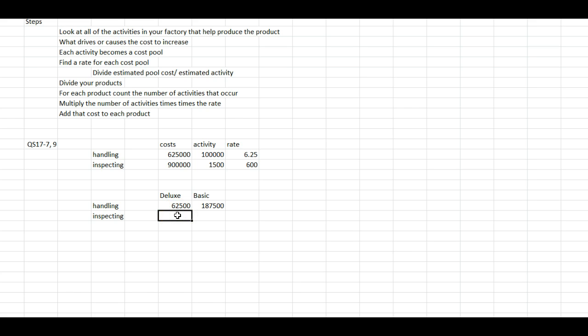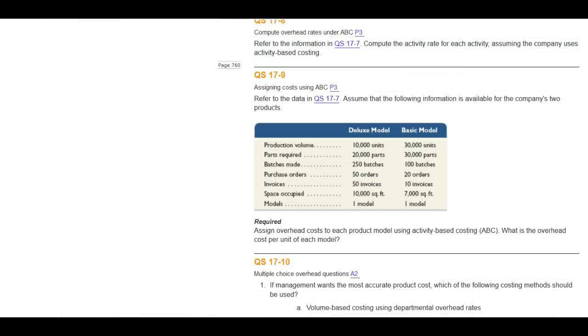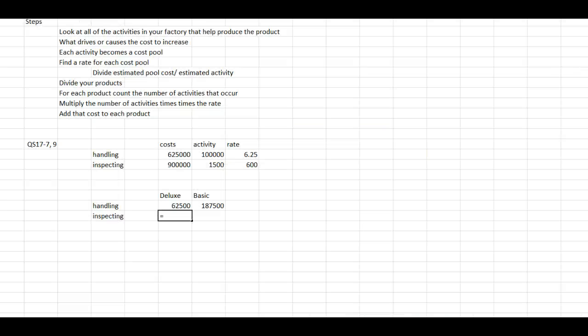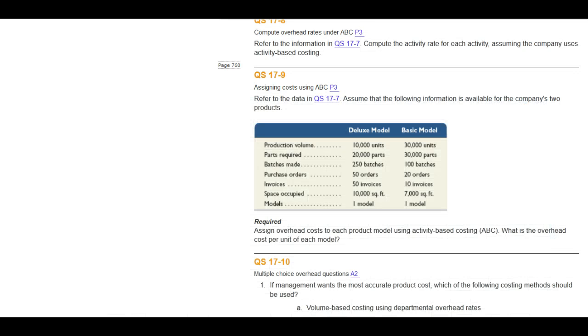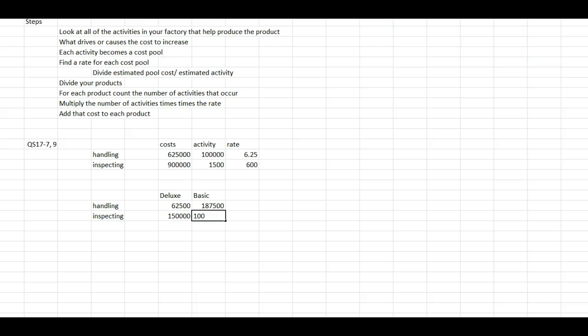So we've got a $600 rate for that. We had 250 and 100, right? Okay. So we're going to go 250 batches times our $600 rate. It's $150,000. And we had 100 batches for our basic times our $600 rate.